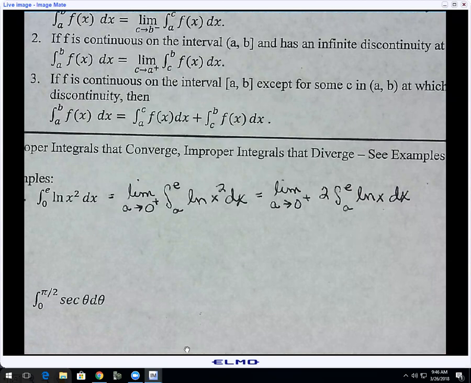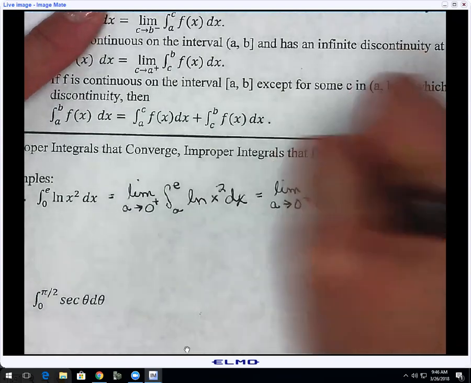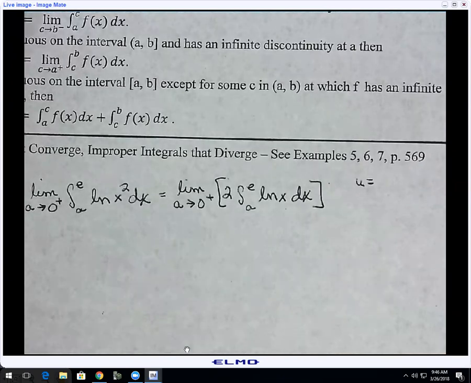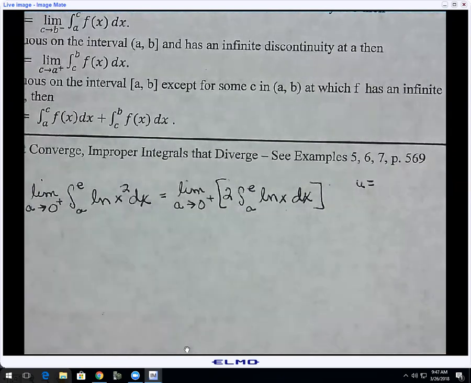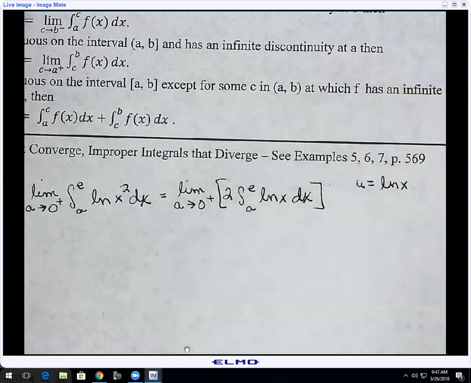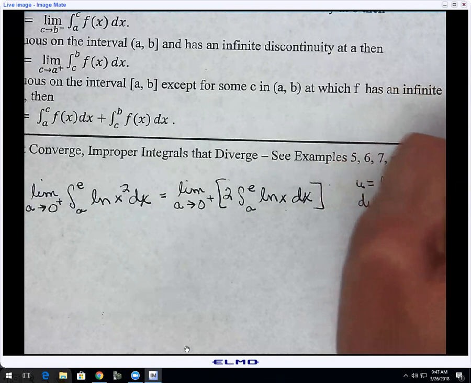But the way that we have integrated natural log of x in the past is by parts where we let u be what? Yeah, that's the L in our acronym. The logarithmic portion is u, and then du is 1 over x dx.